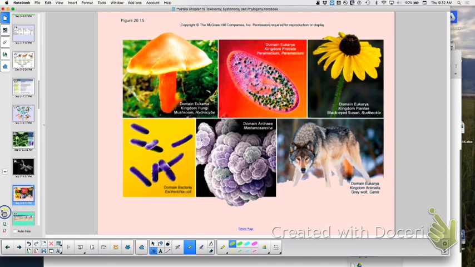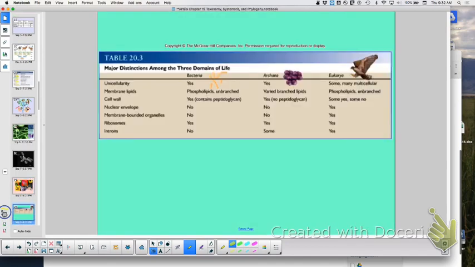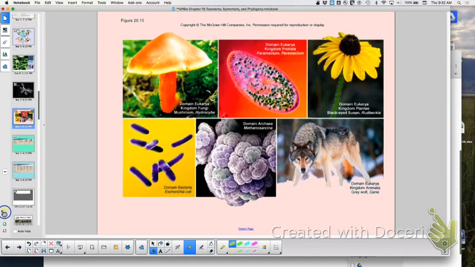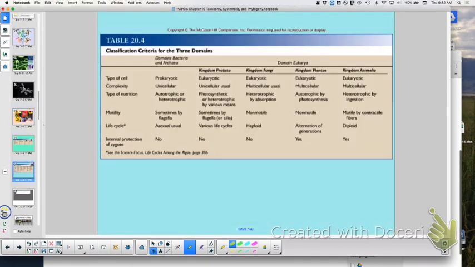Guys, I would be familiar with the 4 kingdoms within Eukarya. This other chart just shows the 3 domains, but here's a chart for domain Eukarya.